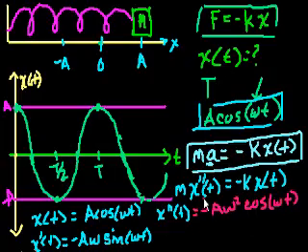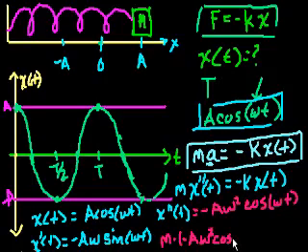If this is true, I should be able to say that m times the second derivative of x of t, which in this case is this, times minus a omega squared cosine of omega t, should be equal to minus k times my original function, x of t, and x of t is a cosine omega t.